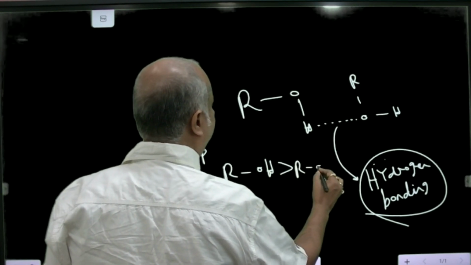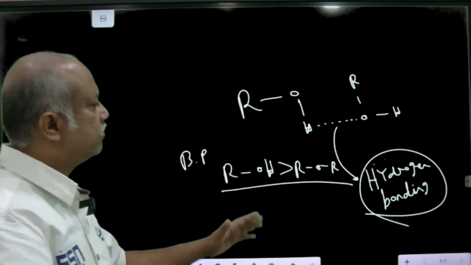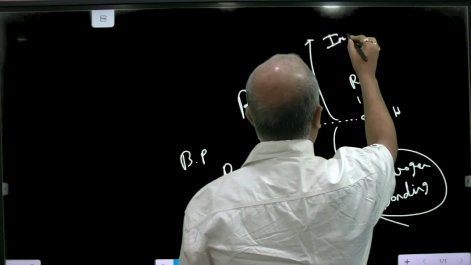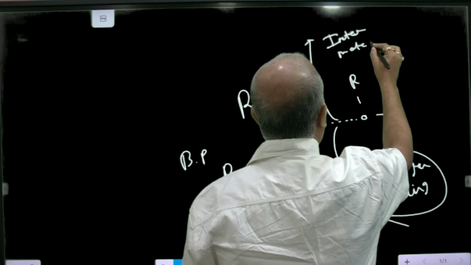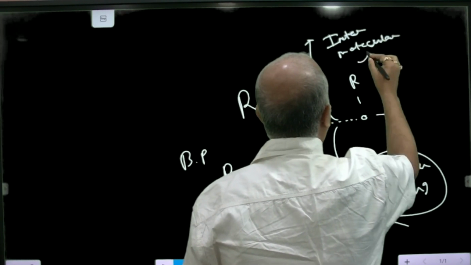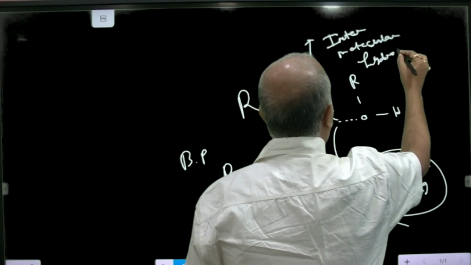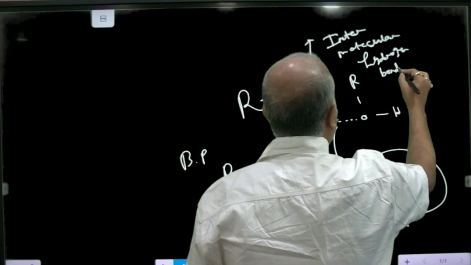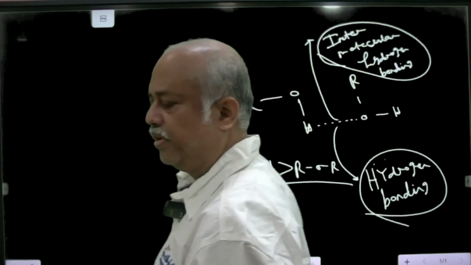Any class of alcohol with any class of ether, and that is also intermolecular hydrogen bonding. Done? Yes or no?